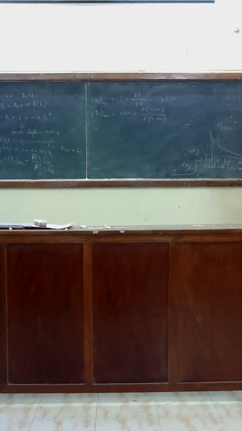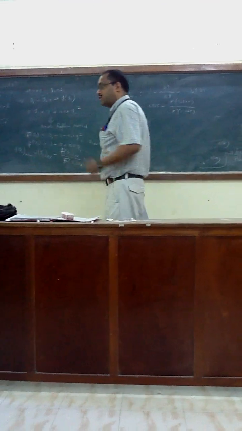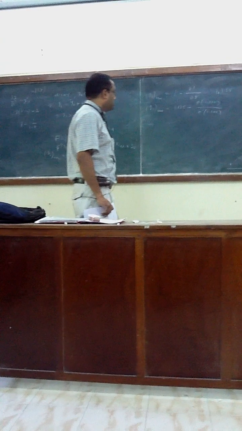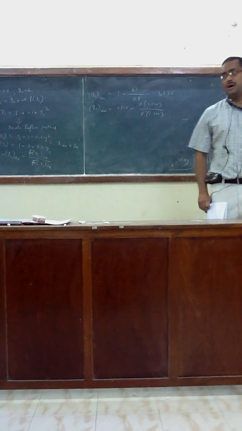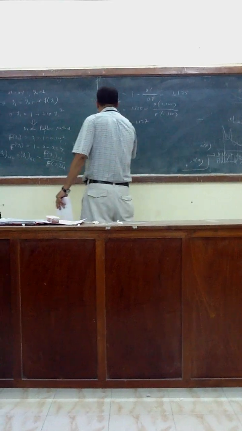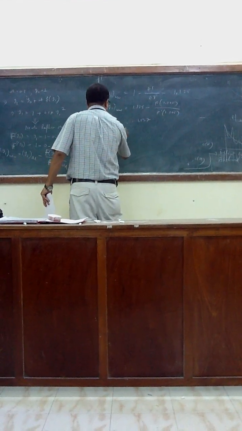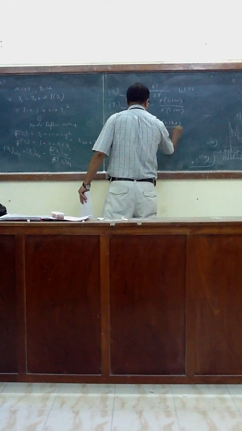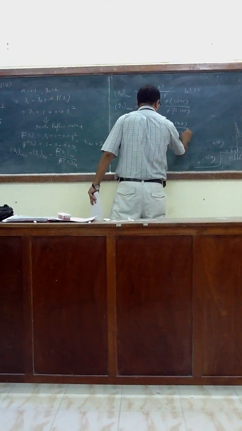You should have your calculator because this kind of problem will be coming in the exam and you will score very well if you can get the very easy part. Whatever I am teaching is all easy part. See how it is getting converged. y1 new, again 1.127 minus F of 1.127 by F prime of 1.127.